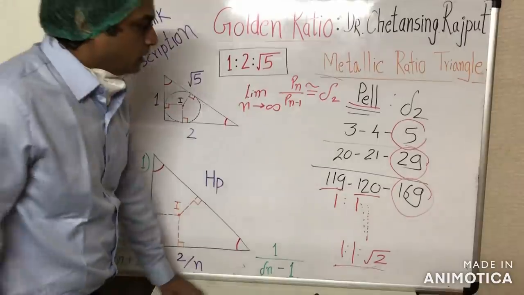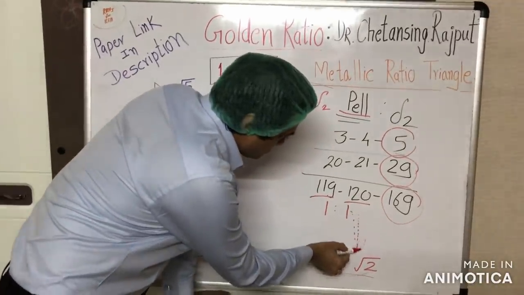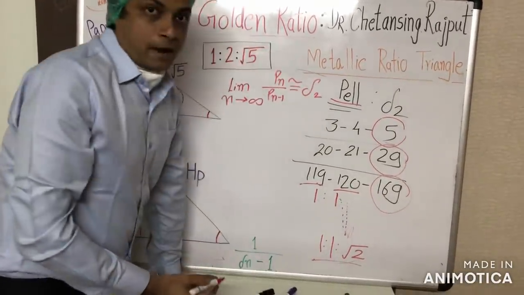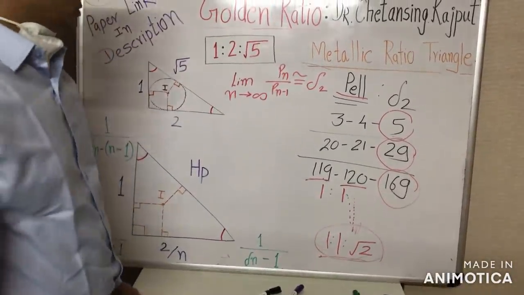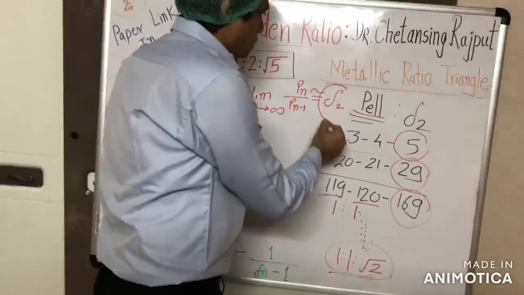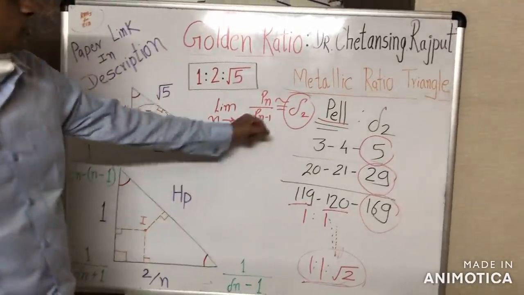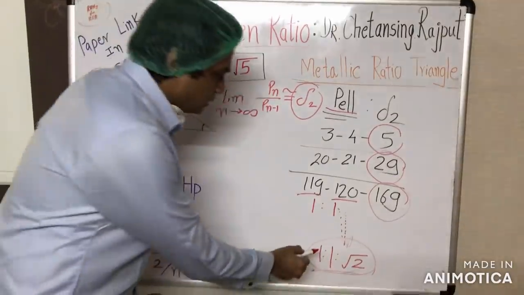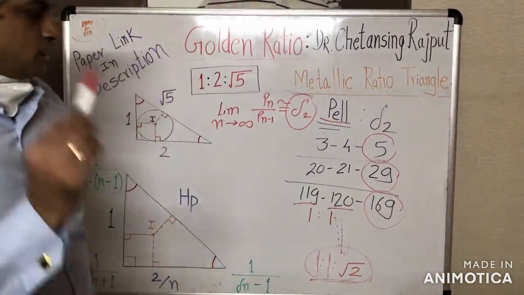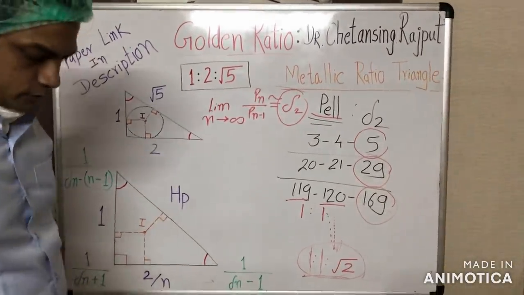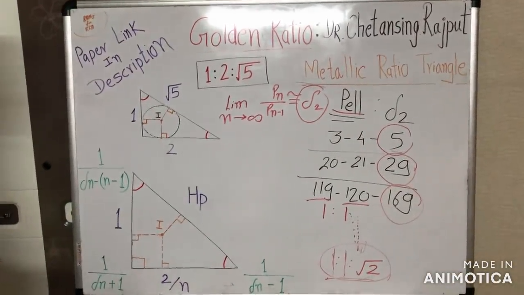In the same way, as the series advances, the triples so formed approach the proportions of silver ratio triangle. In other words, if this number 2.4142 is the silver ratio in nature, this triangle, the silver ratio 1, 1, √2 triangle, is the specific silver ratio triangle in geometry. Okay?